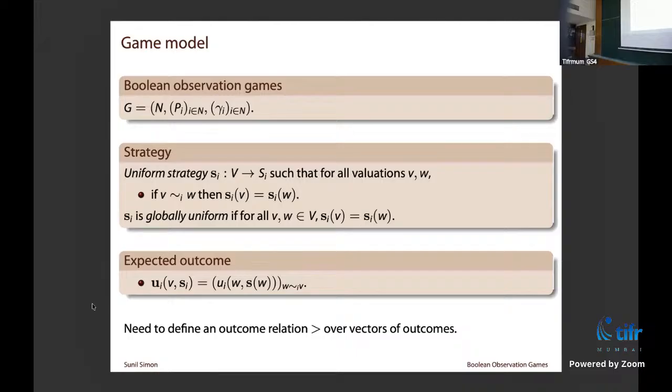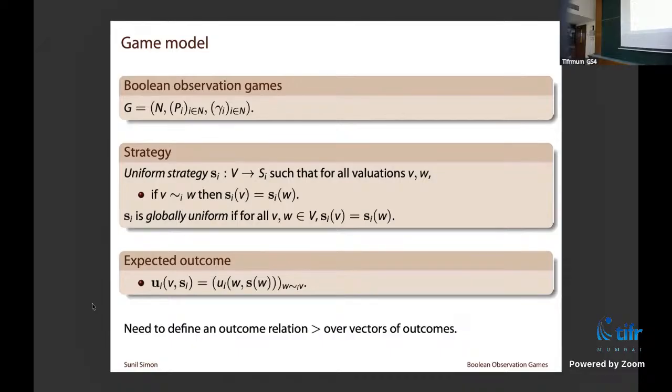What is the expectation over here? I'm just using the term expected outcome, so there's no expectation. This is a function of this form. This is a uniform strategy. Sorry, this should be a uniform strategy profile, and this is a valuation.